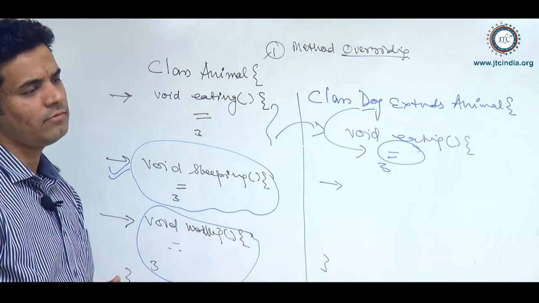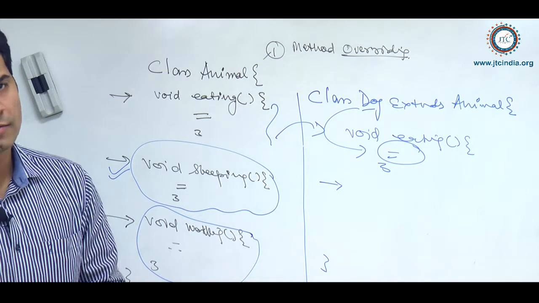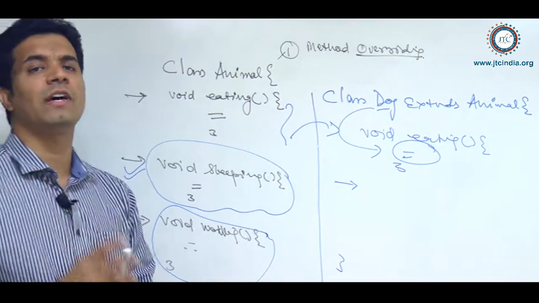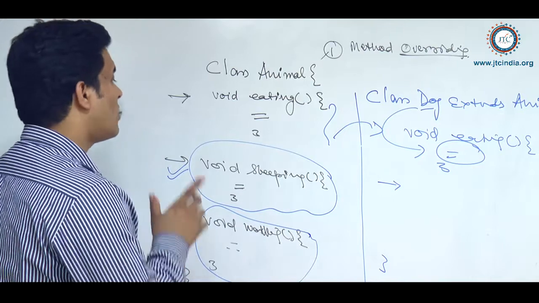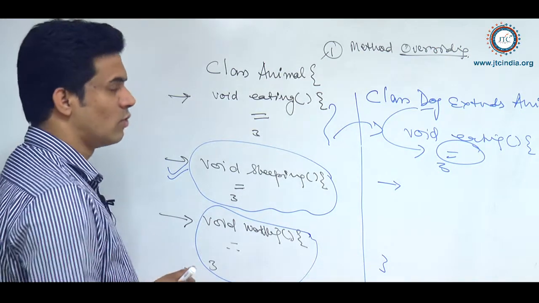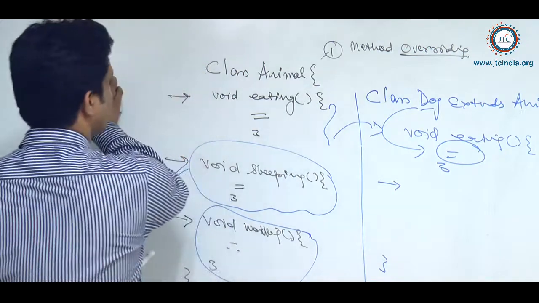But when we talk about access modifiers of a method, there are certain rules. What are the rules available with the access modifier?